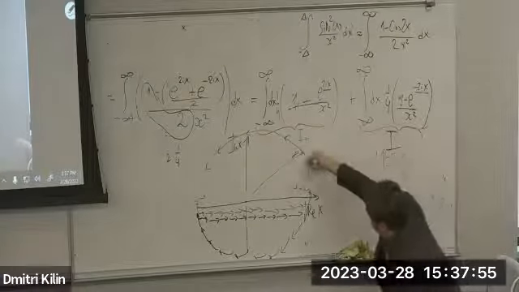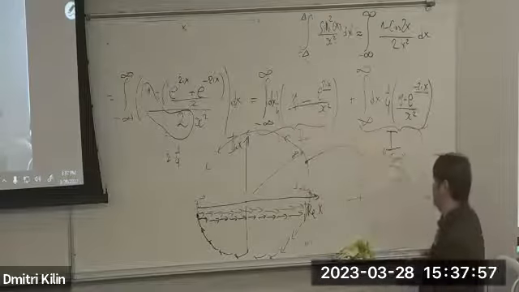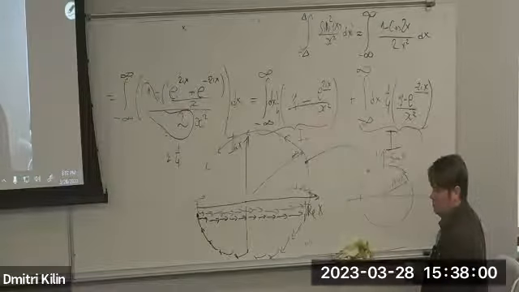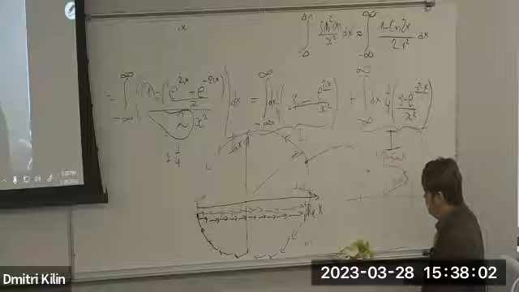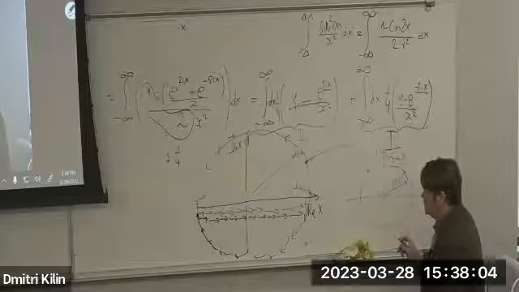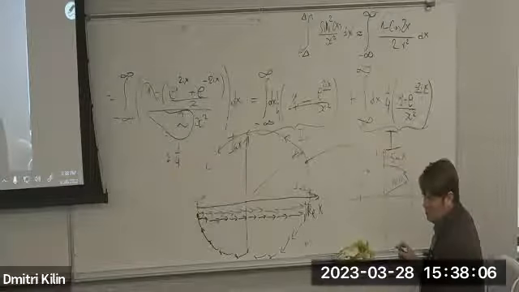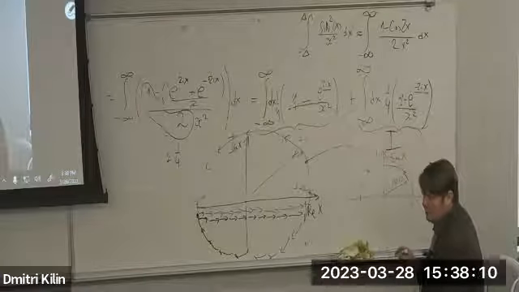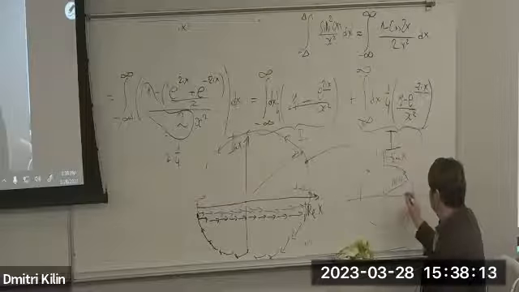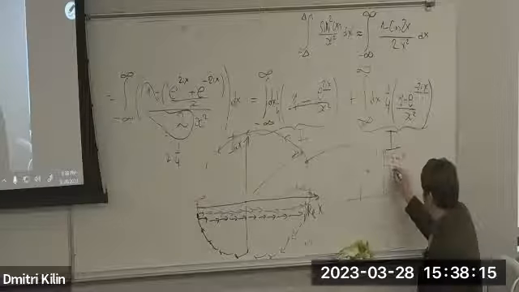So I'm converting this half circle to a full circle of smaller radius. In some sense, this trick is similar to the Gauss and Stokes theorems in static electricity.